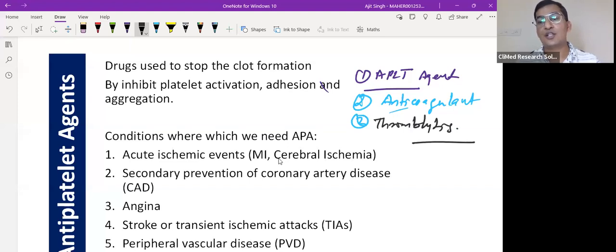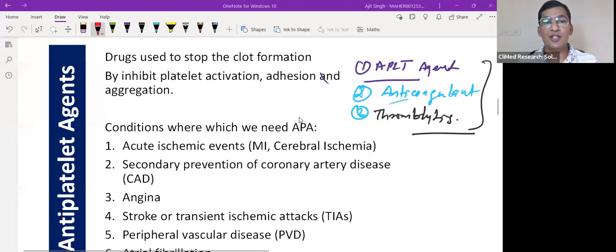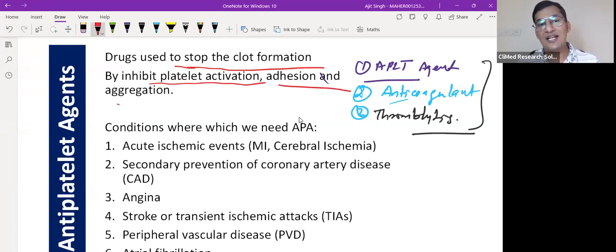Thrombolytics, right? These were the 3 drug types which can help in preventing heart attacks, preventing the plaque formation and the myocardial injury. That is the normal phenomenon, right? So antiplatelet drugs are used to stop the clot formation by inhibiting platelet activation, adhesion, and aggregation.